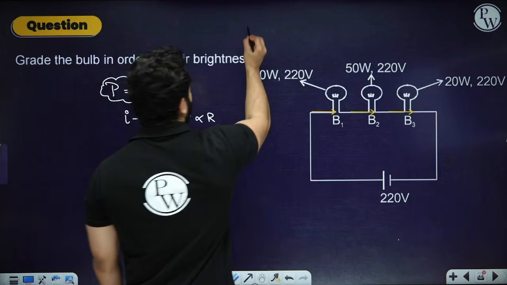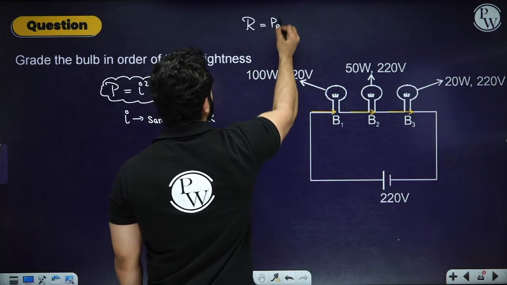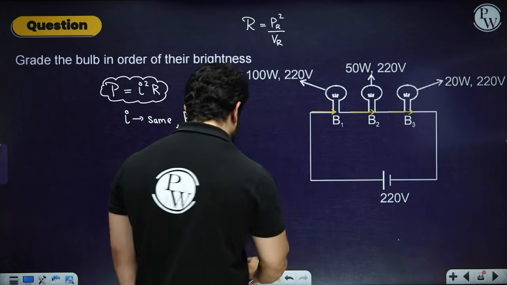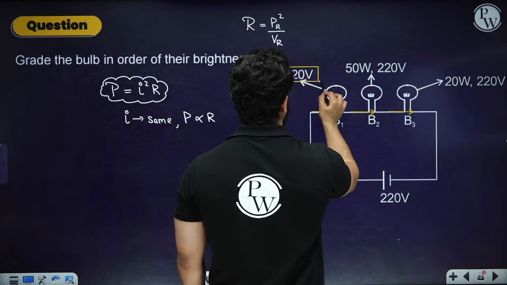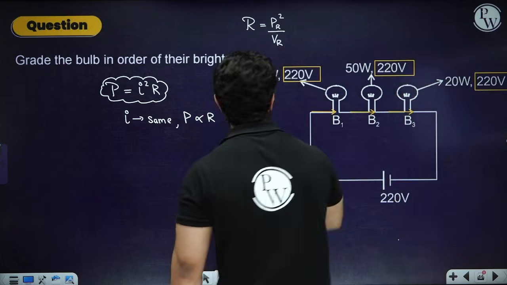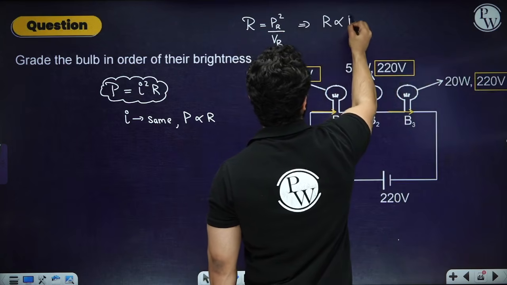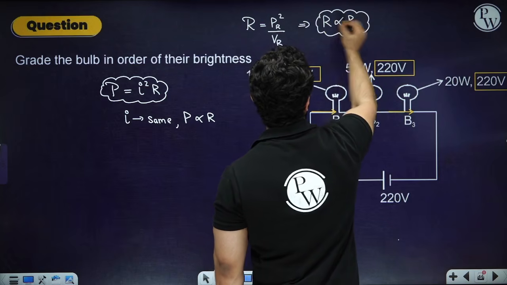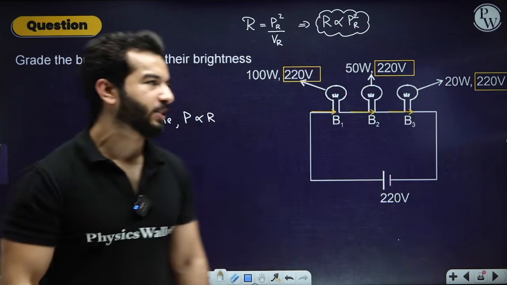power will be directly proportional to resistance, right? And resistance is equal to VR square by PR. If you closely see, VR is also the same all across: 220 volt, 220 volt, 220 volt. So this means that resistance is inversely proportional to PR in this specific case, because obviously rated potential is the same.